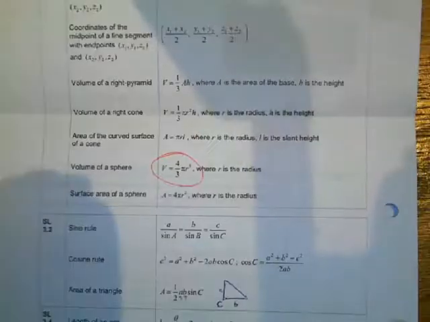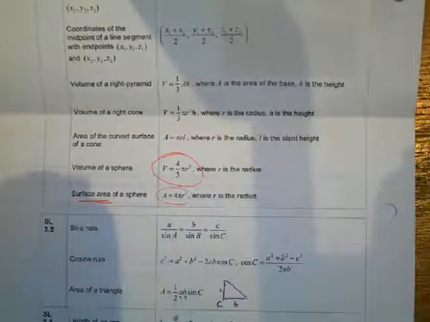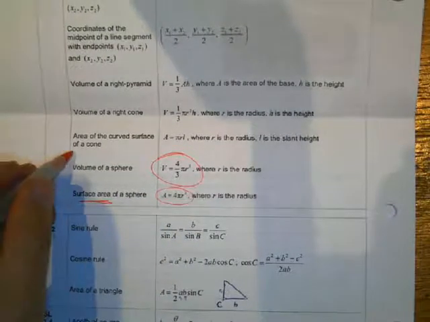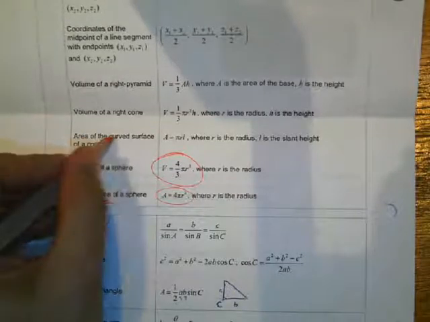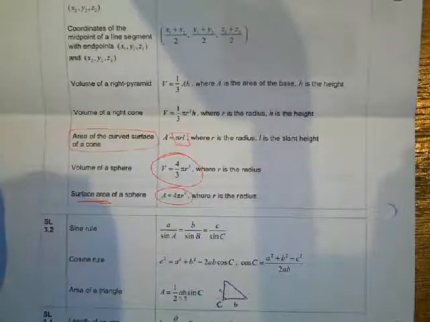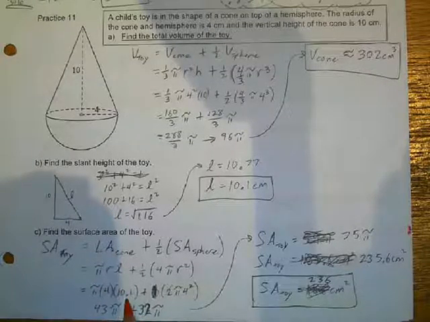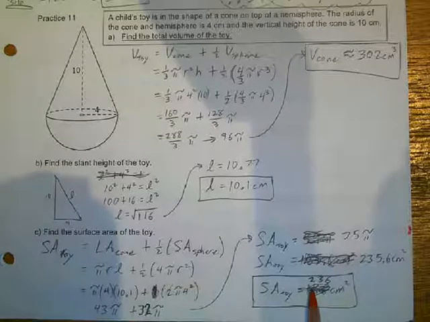The area of the curved surface of the cone is this. Once again, use your formula sheet to get your formulas. So we plugged in 4 for the radius, 10.1 for the slant height, and then we simplified, and we end up with the total surface area being 236 centimeters squared.